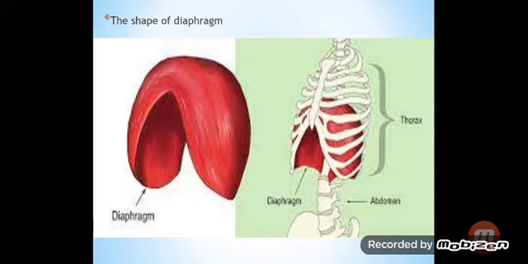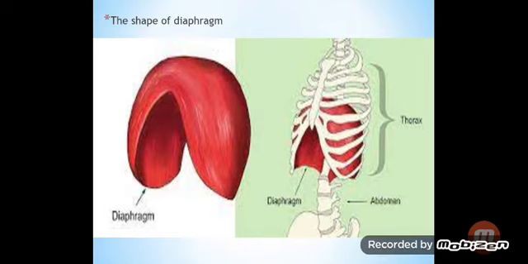So the diaphragm, for example, is lower when the person is sitting or standing, but when the person is lying flat, it is higher. When the person has a large meal, it becomes higher, right?